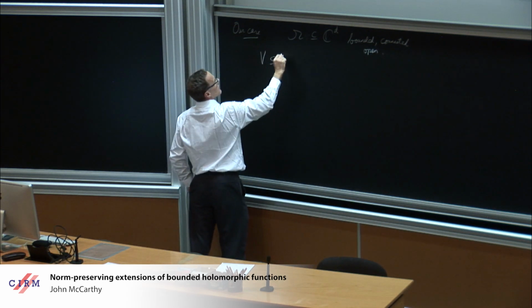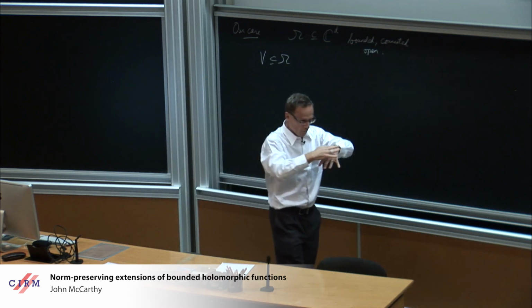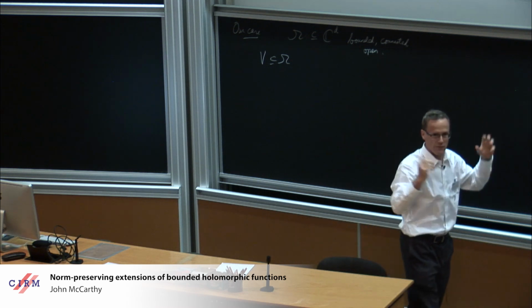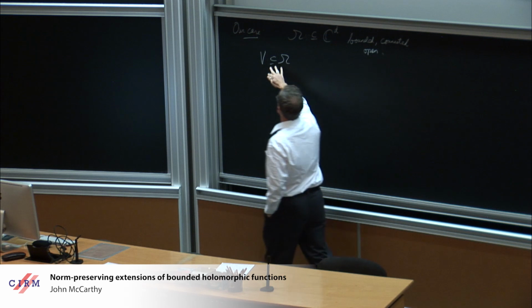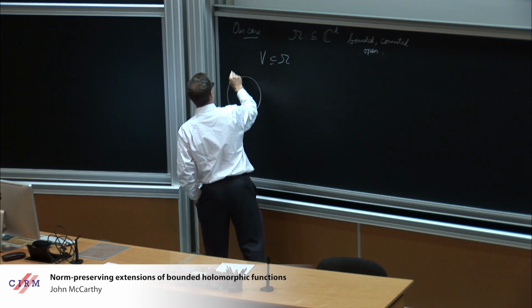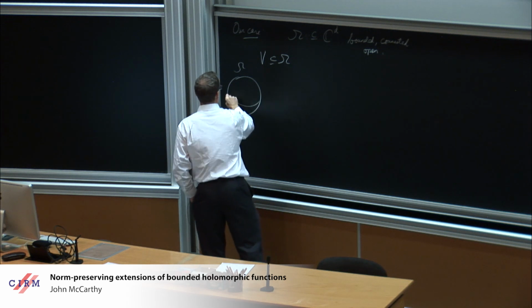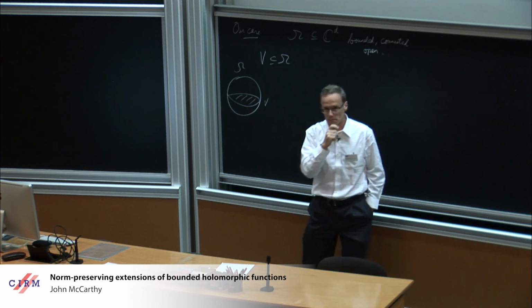V, living inside omega, we'll think of it as some nice subvariety. We'll be a little bit more specific later. So here we have a picture, here's omega, and V is some set sitting inside it.